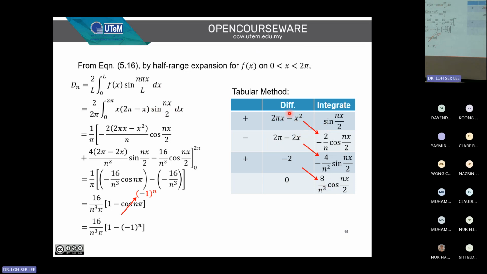We differentiate with respect to x until you get 0, and integrate 4 times. Then you get this line. Then substitute 2 pi and 0. Simplify, you get this one. This is your Dn. This is what you have learned from the previous chapter, Fourier series. We are integrating the basics from the Fourier series and also chapter 1 and chapter 2 into this last chapter. So now you have got the Dn.